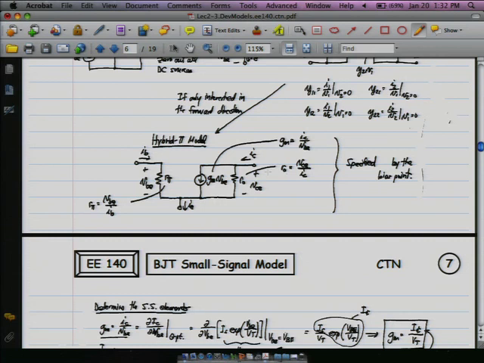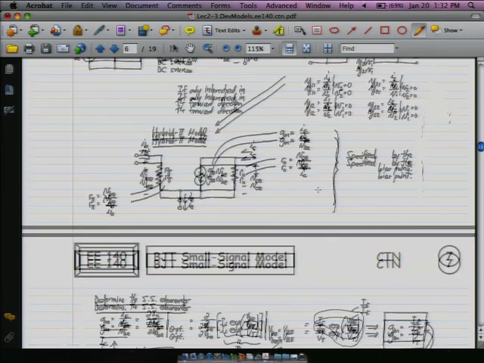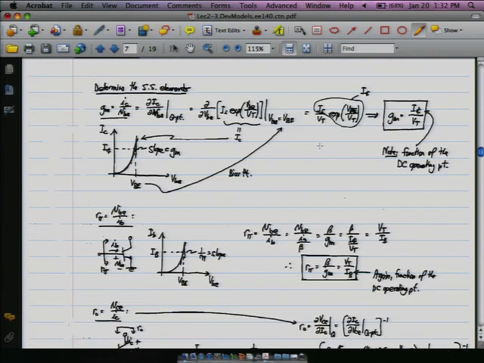So the important thing to keep in mind here is that this all is specified by the bias point. It's a small signal model in that it's useful for working with small signals, but all of this comes straight out of the bias point. And that'll hopefully become more clear as we go through the derivations of all these parameters.